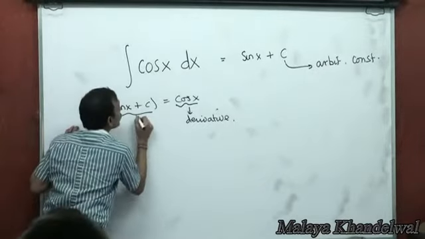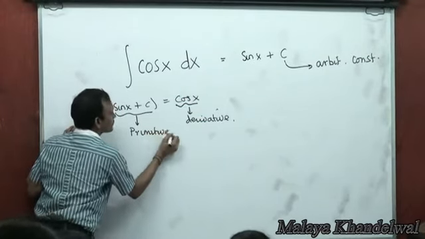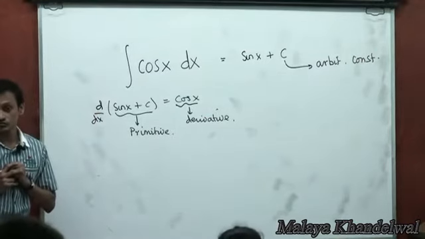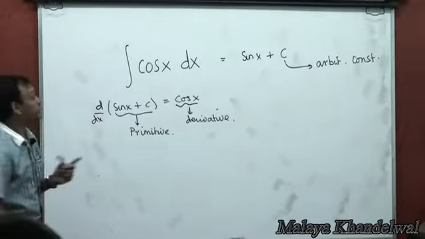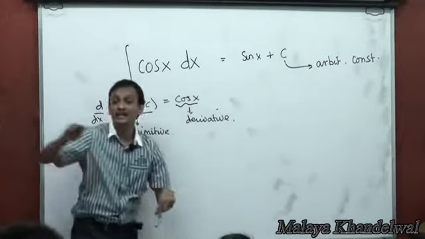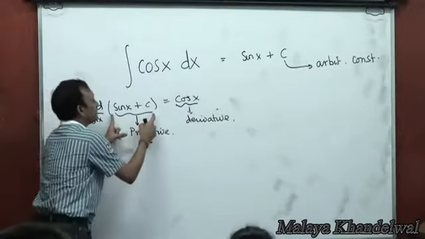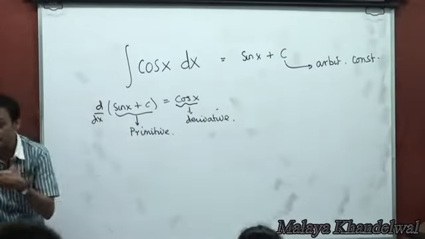And this is called the primitive. Whatever you are differentiating is called the primitive. The output of differentiation is called the derivative. In differentiation, you are given the primitive and you find the derivative. That's the process of differentiation.